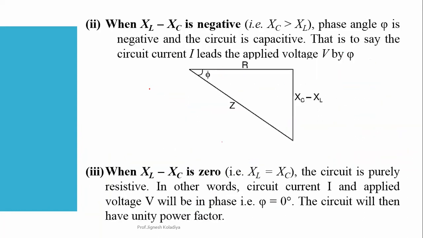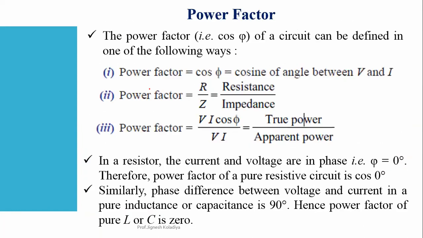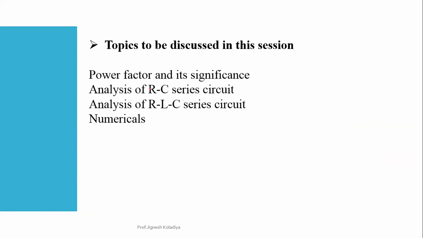So let me give you the summary of today's session. In today's session, we have discussed power factor and its significance. Also, we have discussed the analysis of the RC series circuit and the analysis of the RLC series circuit.